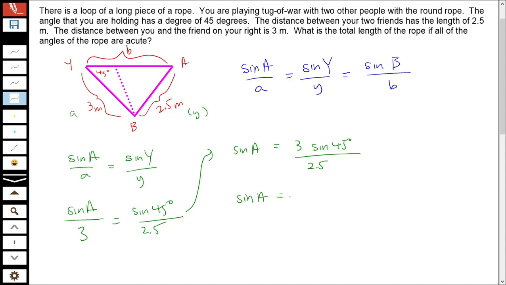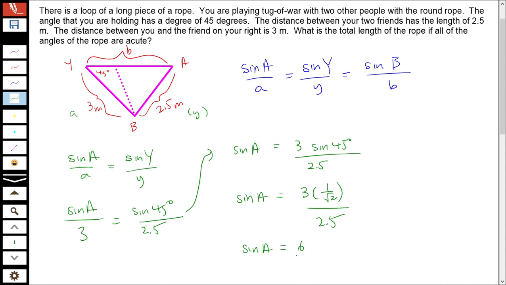So 45 is a special triangle. So I'm going to use 3 times sine 45 is 1 over root 2. And that divided by 2.5. Let's just clean up a little bit. So sine A is going to be 3 divided by 2.5, 6 over 5.